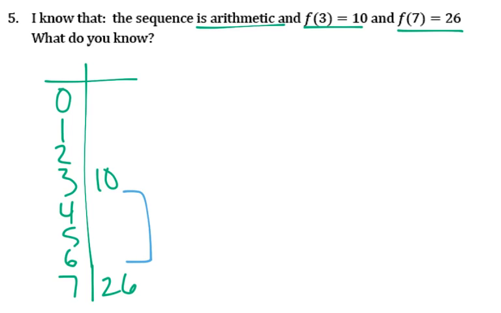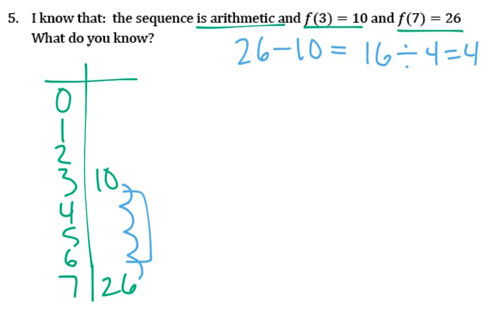So remember, the way we do that is the arithmetic mean. So we go 26 minus 10. Okay, that gives us 16. Then we've got 1, 2, 3, 4 jumps. Divide that by 4, we get 4. So we should be adding 4 each time. So 14, 18, 22, 26.